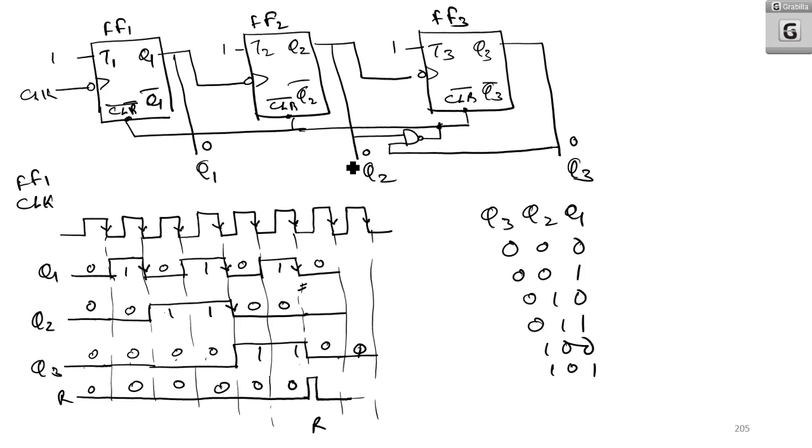The reset pulse is given for a small time. That means when it reaches 6, it is reset, so the next state will be 0, 0, 0. So here reset becomes 1. When it reaches 1, 1, 0, reset is 1. So at the instant when it reaches 6, it will be changed to 1. So this is basically the timing diagram.